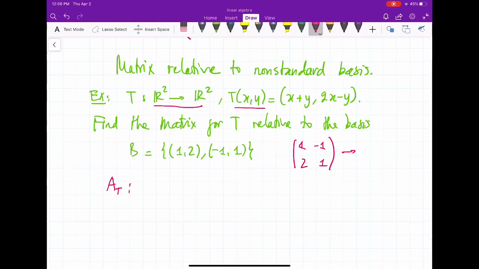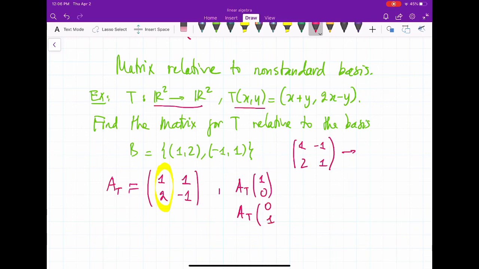If you have T like this, the matrix A is 1, 1, and 1, negative 1. What is the first column? The first column is nothing but A times (1, 0), right? The second column is A times (0, 1). Makes sense?